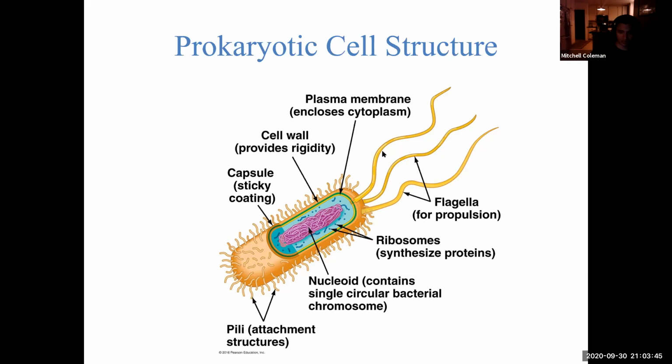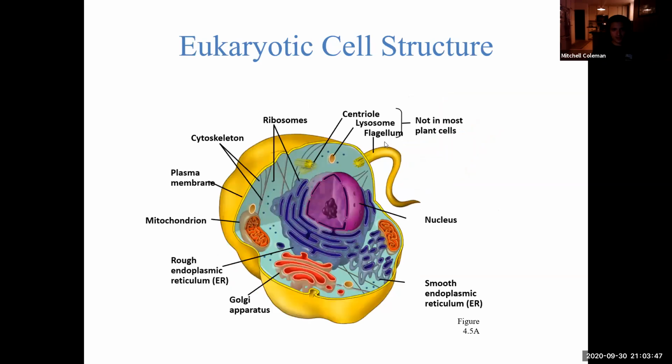They're still quite complex. So for the most part, everything from here on out for this lecture and the next and throughout the rest of this unit, we're talking about eukaryotic cell structure. So all of these different organelles that we're talking about, and even when we get to cell function a little bit later on, we are talking about eukaryotic cells.